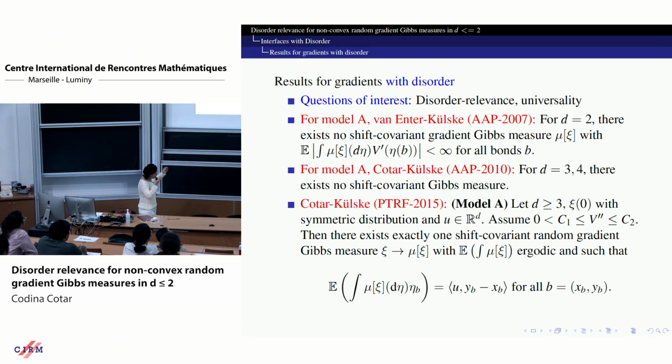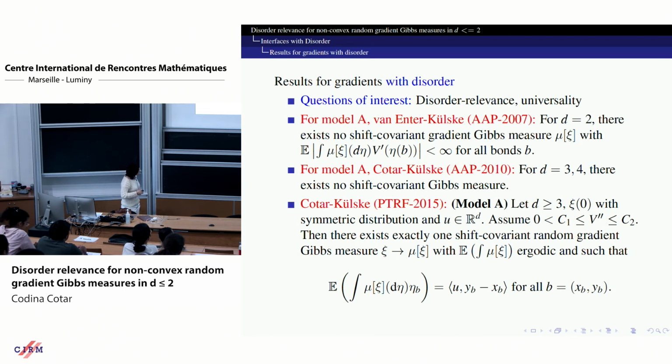However, the gradient ones will exist from dimension 3 onwards. And not only that, they are unique. There's uniqueness of these shift covariant random measures.